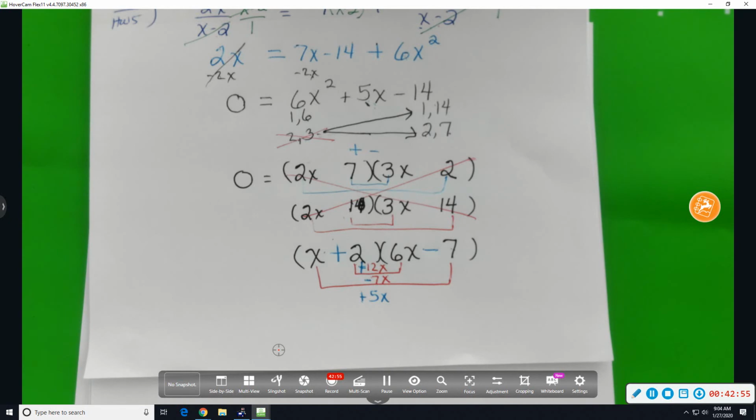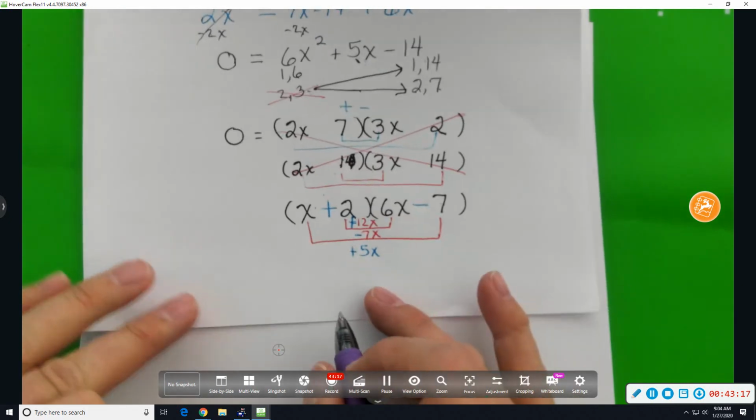So I finally got it factored. Any questions there on that factoring? To keep in mind, you can't have common factors other than 1. You can't have 2 even numbers. You can't have 2 of the same number in the parentheses. That helps you eliminate some of the possibilities.